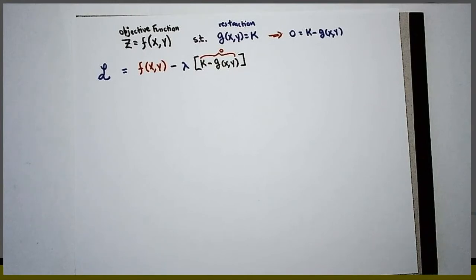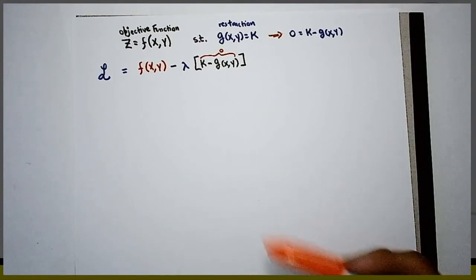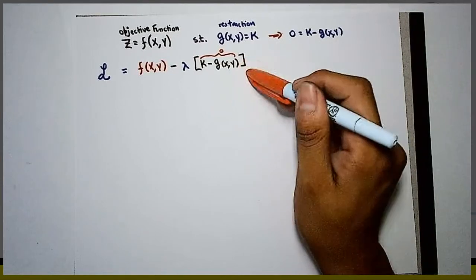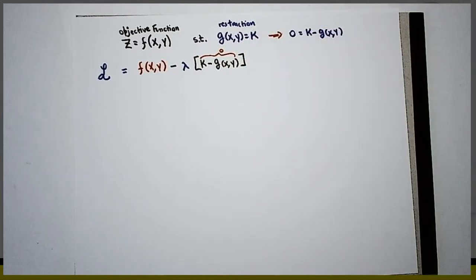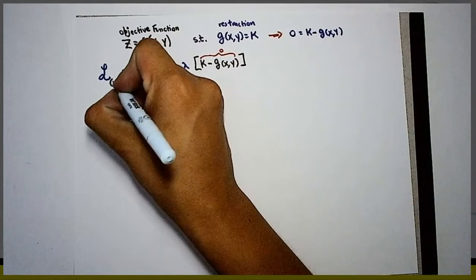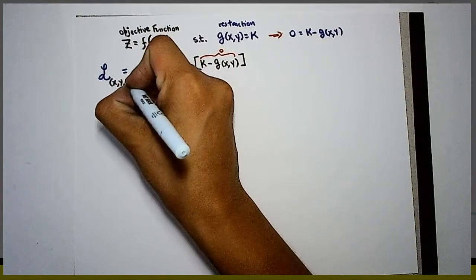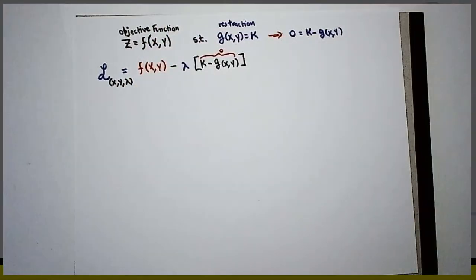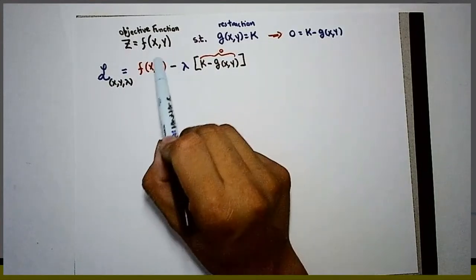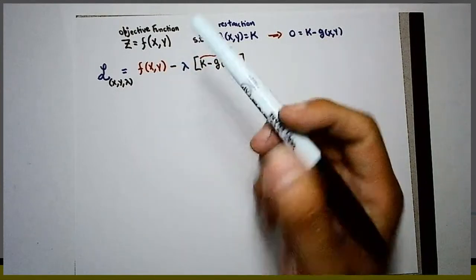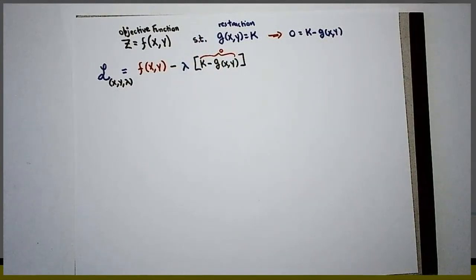In other words, in the Lagrange, we are actually adding or subtracting a 0. Therefore, for example, if we maximize the Lagrange, it is the same as just maximizing the function that we wanted to optimize.